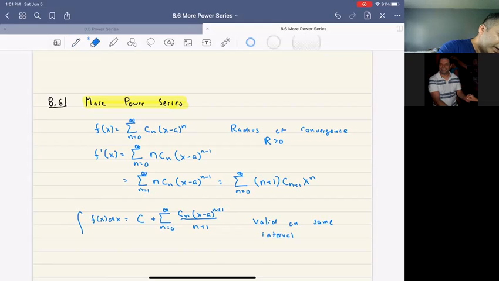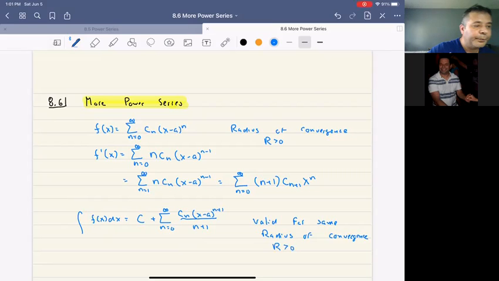I should say radius of convergence, because I'm going to do R. Okay. All right, well, let's sort of see where we can take this.